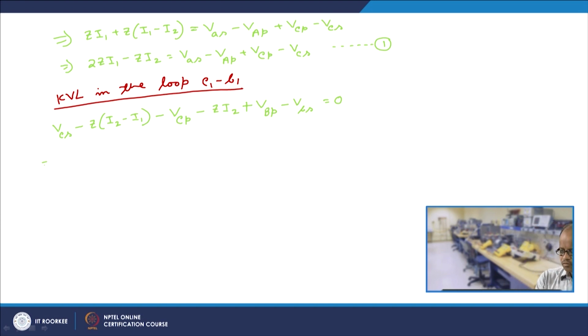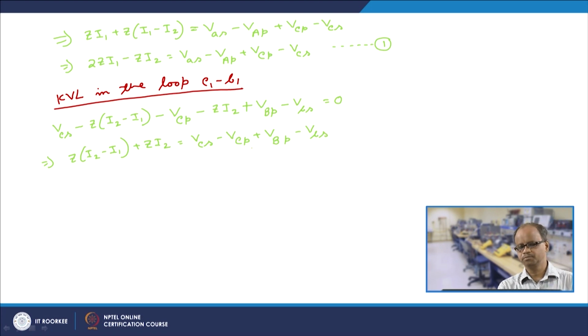So, we write Z into I2 minus I1 plus Z I2 is equal to VCS minus VCP plus VBP minus VBS.